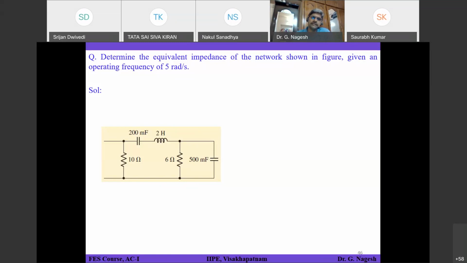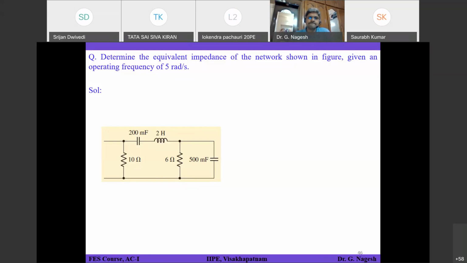Did anyone find the inductive reactance for the 2 Henry inductor shown here? 10j, sir. Okay, let's see that. What about the capacitive reactance for 200 millifarad?